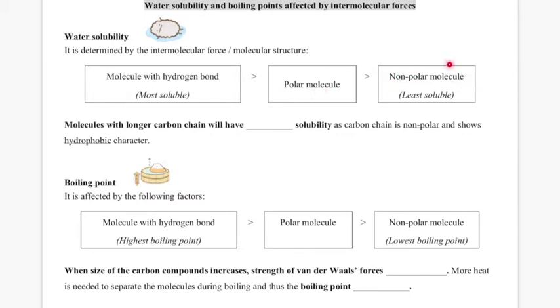If it's a non-polar molecule, it's going to be the least soluble. For explanation, we can say molecules with a longer carbon chain will have a lower solubility, as the carbon chain is nonpolar and shows hydrophobic character. Hydrophobic means it's going to repel water.